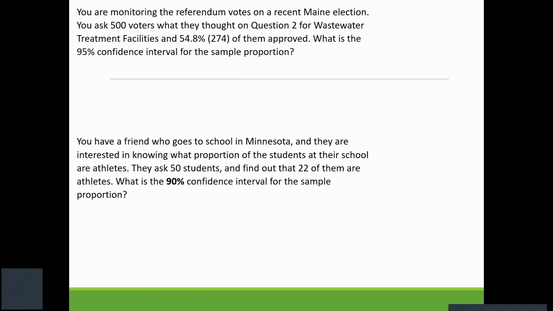And then another one, you have a friend that goes to school in Minnesota and they're interested in knowing what proportion of the students at their school are athletes. They ask 50 students and find out 22 of them are athletes. What is the 90% confidence interval? Okay, so your Z is going to change here. So stop the video and go work these out, then come back and continue on and see the answers.